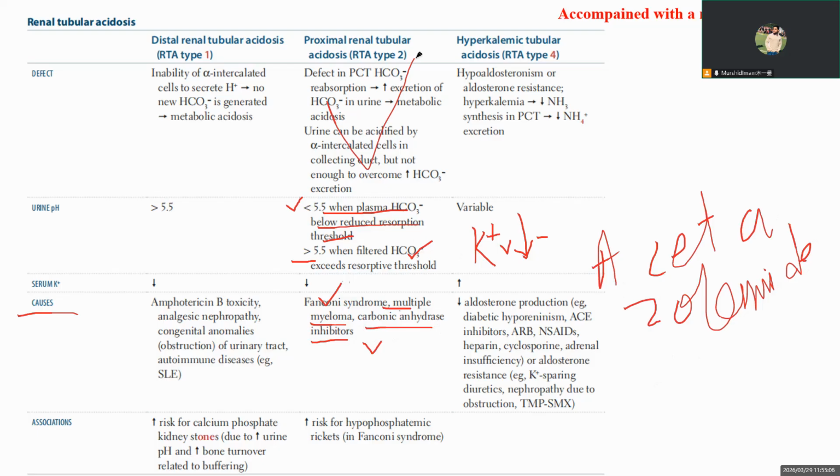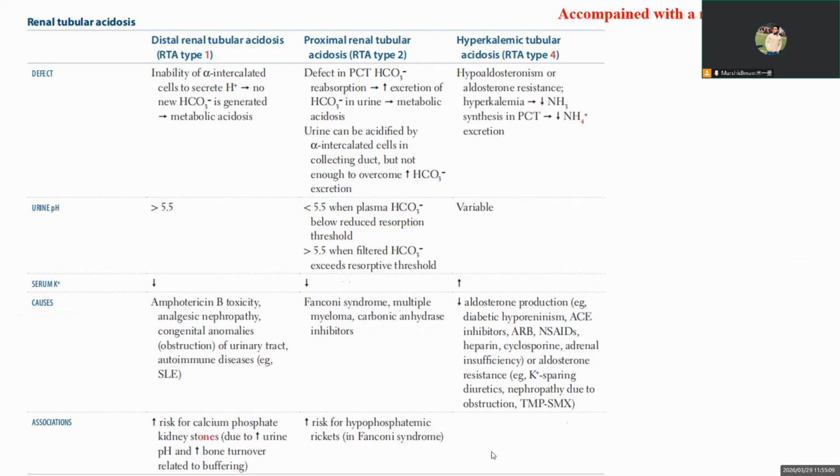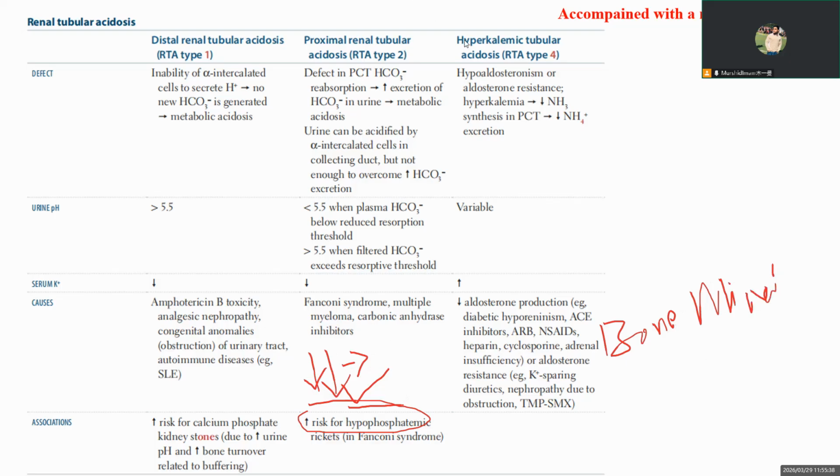After that, you can remember the risk factors. Why is it linked with an increased risk of hypophosphatemic rickets? Because whenever we have phosphate loss, that leads to bone demineralization.